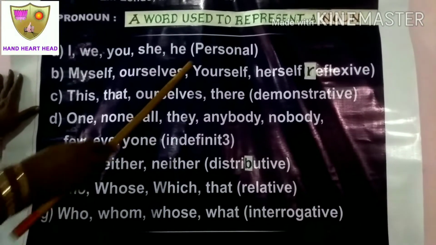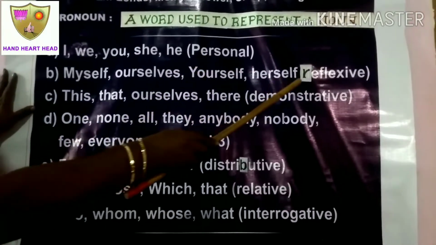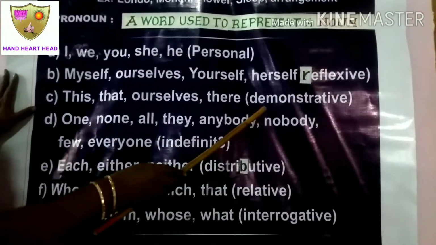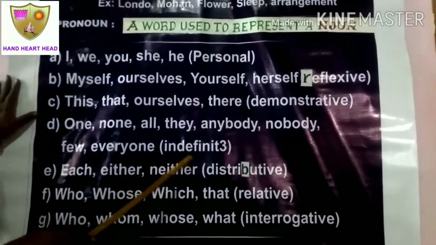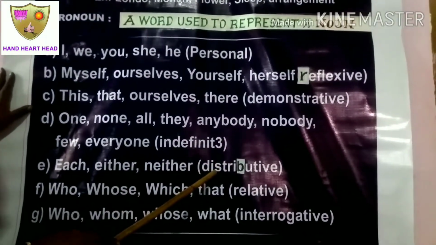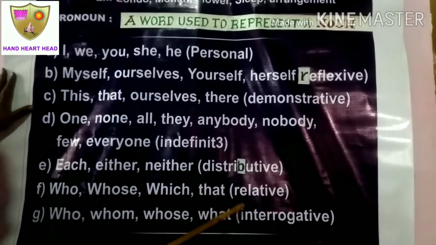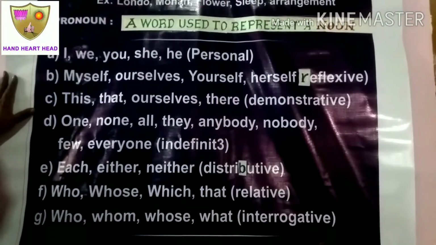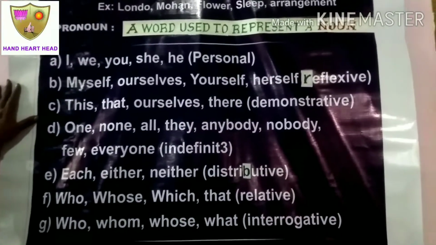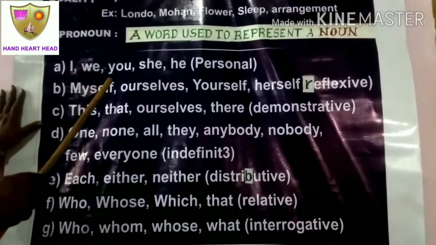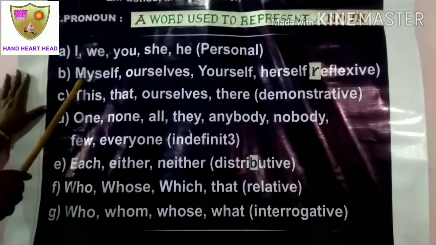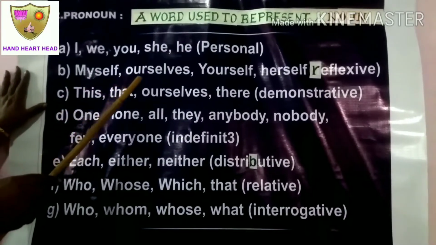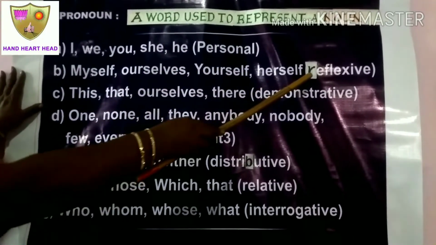These are personal pronoun, reflexive pronoun, demonstrative pronoun, indefinite pronoun, distributive pronoun, relative pronoun and interrogative pronoun என்று பல வகையா pronoun சொல்றோம். I, we, you, he, she, they personal pronoun. Myself, ourself, yourself reflexive pronoun.